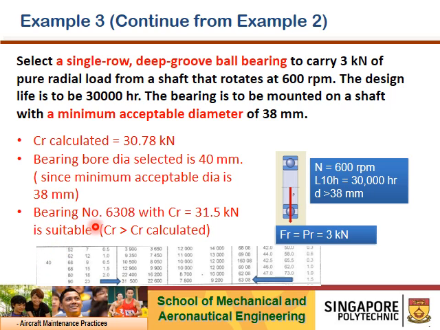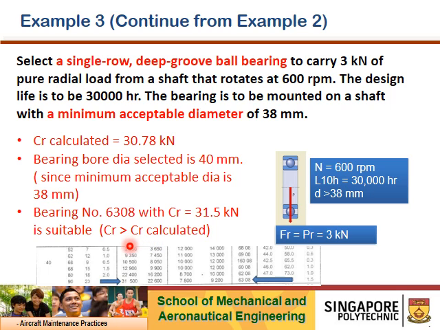So we will select the bearing number 6308. Why? Because you run down, 40 is the bore diameter, so you just concentrate on the 40 side. My calculated CR is 30.78. On the fourth column, there will be your CR stated, and the right hand side is COR.